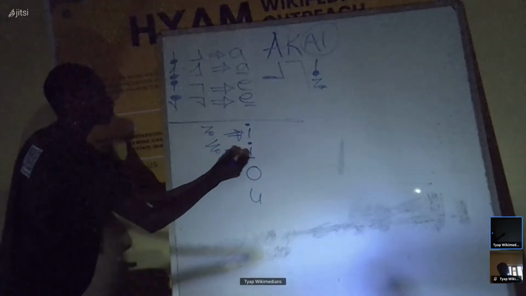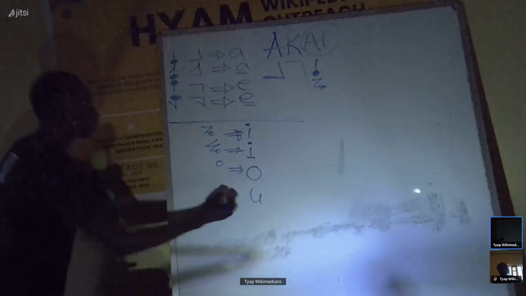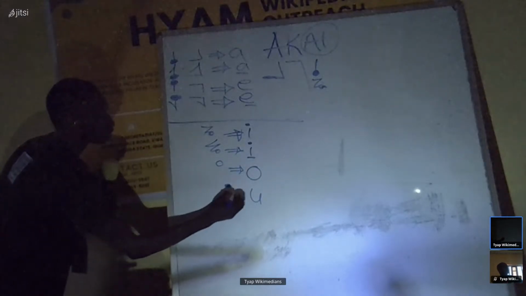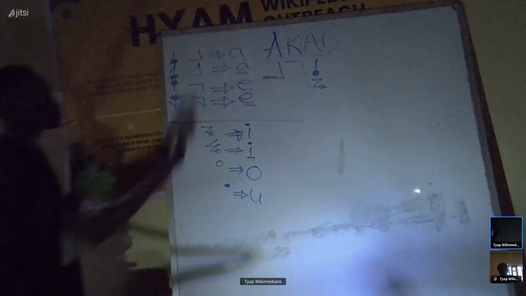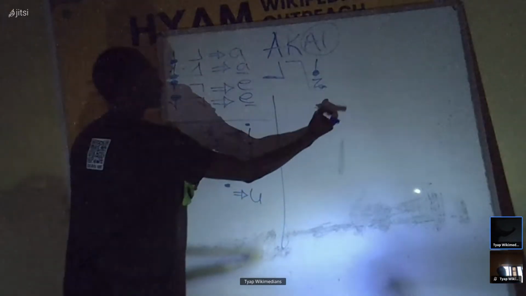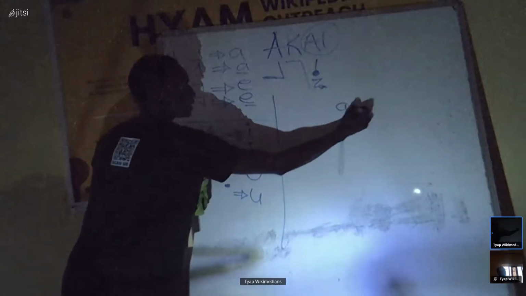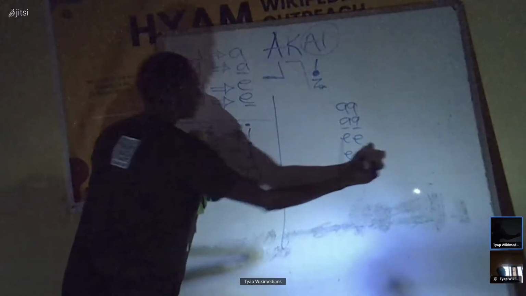And this is for O, the same thing as O, and then U is just a dot. But we also have a longer form of it. A, F.